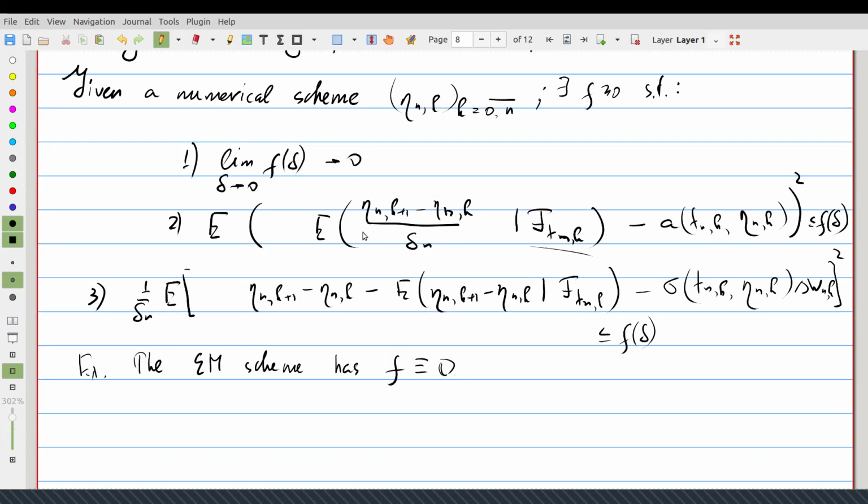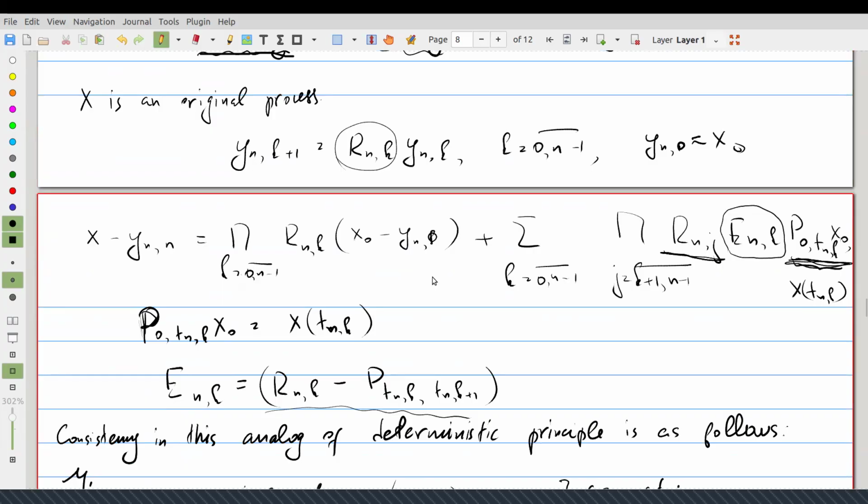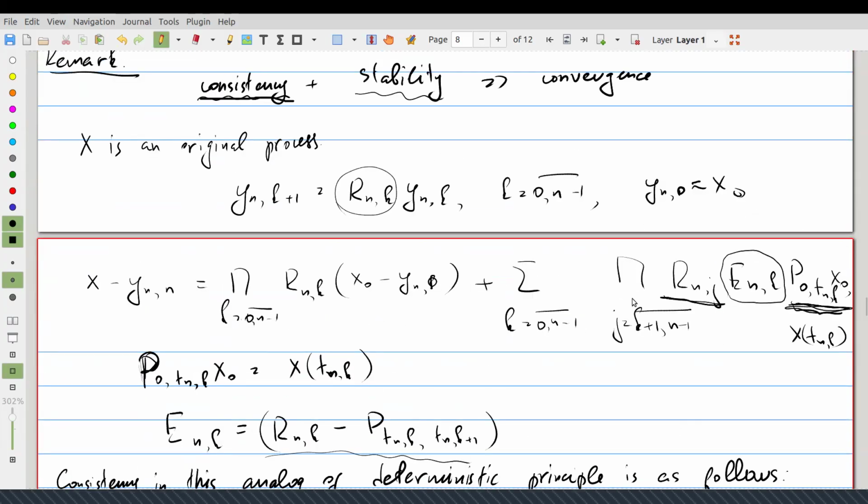And this is an interesting point, that the rate of convergence for weak schemes is, generally speaking, better than the rate of convergence for strong schemes, because you don't need to replicate the behavior of the Brownian motion. And Brownian motion has very irregular trajectories, and you have problems replicating those properties. Now, another interesting observation, just for general knowledge: because you have here the sum, generally speaking, if you have local contributions of order n to the alpha, the whole scheme is going to converge with order alpha minus 1.